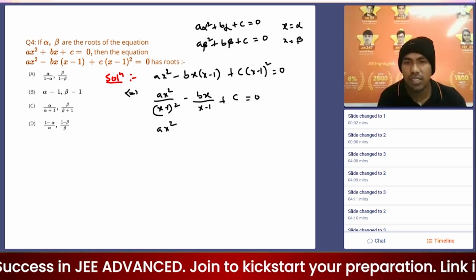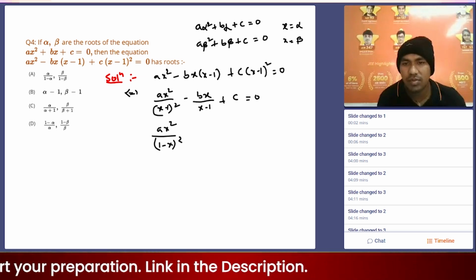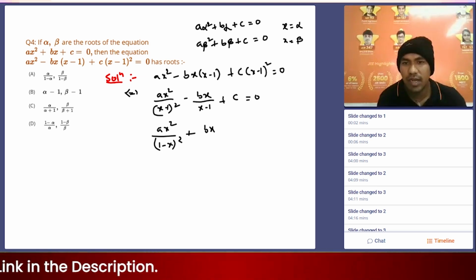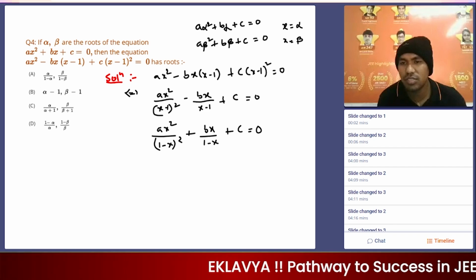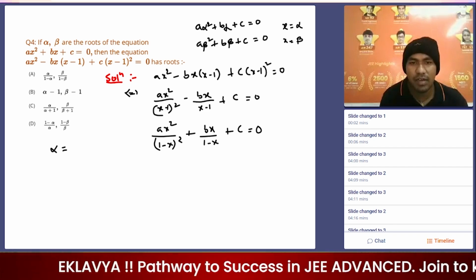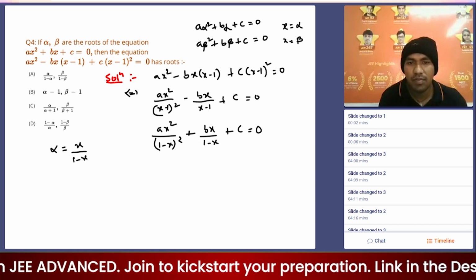Now I can write this as ax square by (1 minus x) whole square, and here plus bx by (1 minus x) plus c equals 0. Now if I take alpha, a root of this equation, alpha by 1 minus x.